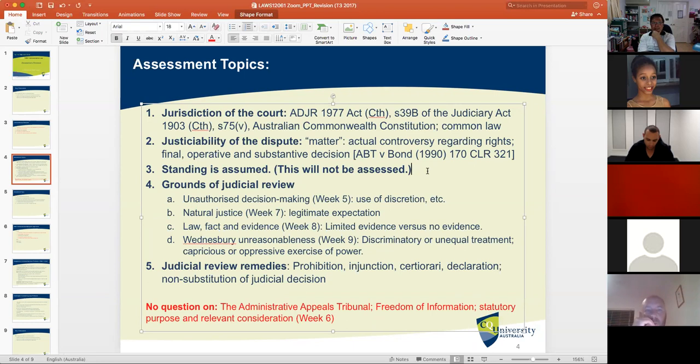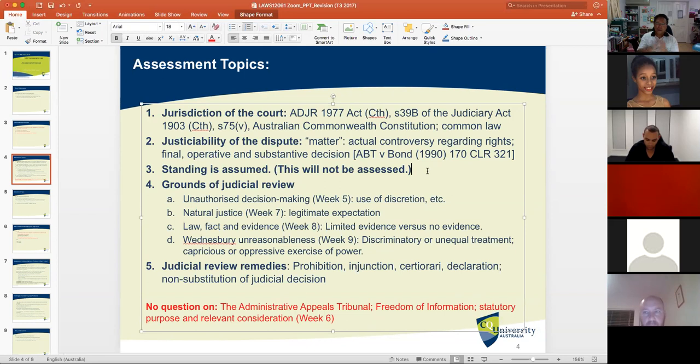Now, as I pointed out, when you look at the grounds for judicial review, the beauty of the ADJR Act of 1977 Commonwealth is that, in a sense, it has codified the grounds for judicial review. So it has enumerated numerous grounds for judicial review under the ADJR Act. Numerous.